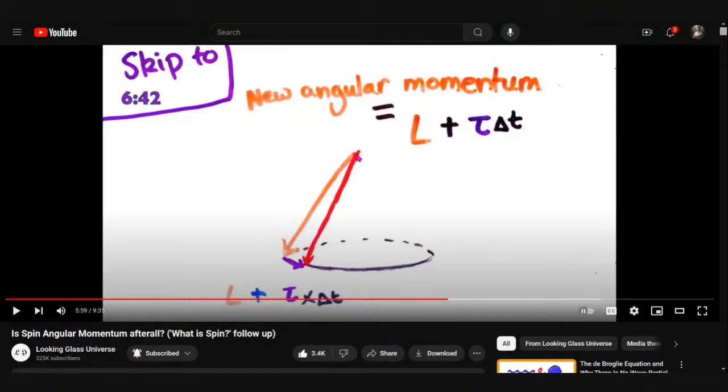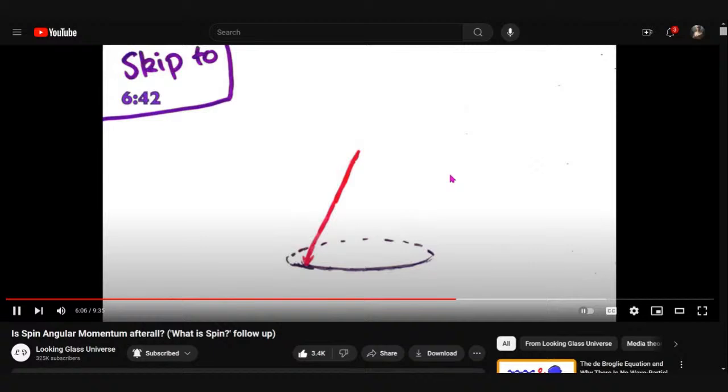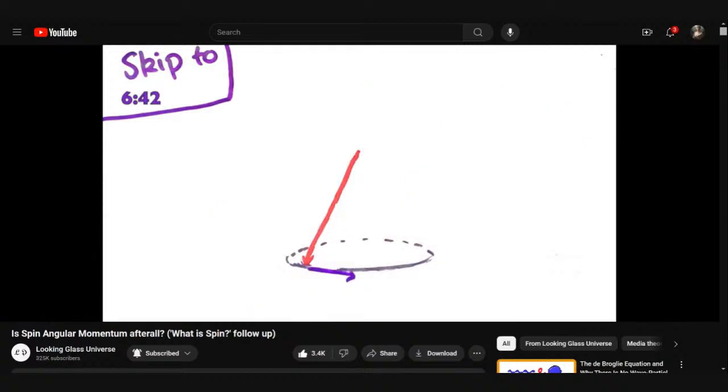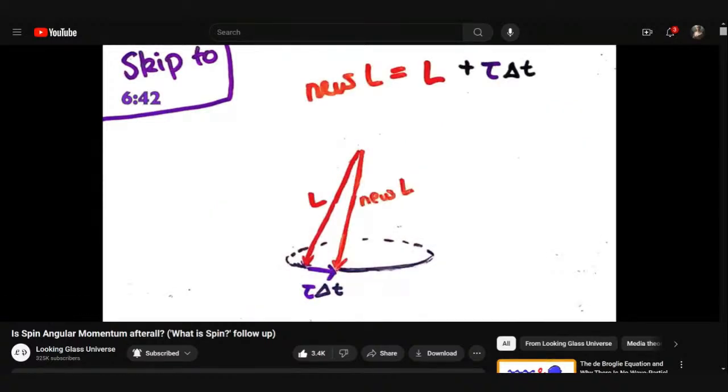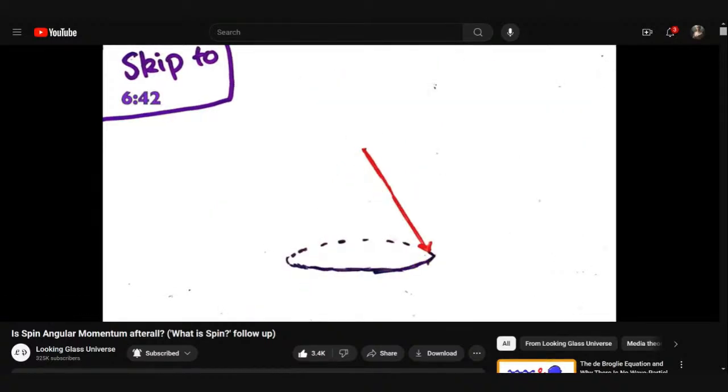The torque should be denoted by an arrow pointing up. Our old angular momentum. Using vector addition, the result is this vector. You can see how the angular momentum has started to turn around this circle. But if you think about it, the magnetic field is still trying to twist it, but now in that direction. So the new torque is this way. If we apply the rule again, the result is a vector even further along. And if we keep doing it, we can see that the angular momentum precesses.